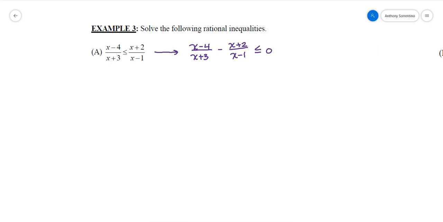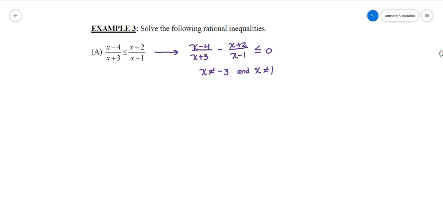What I am going to notice with this inequality, either the original or this one here, is that x cannot equal negative 3, and x cannot equal 1.